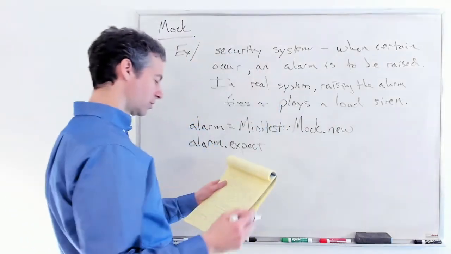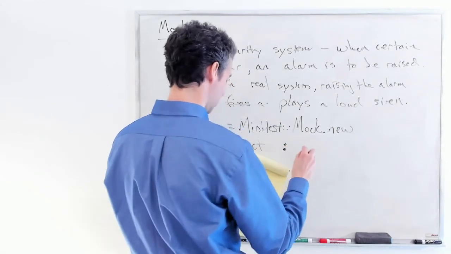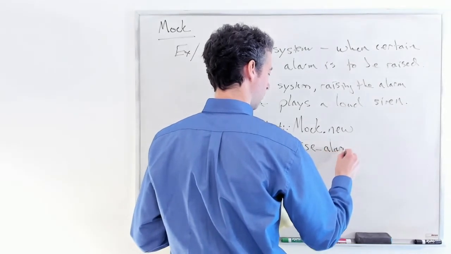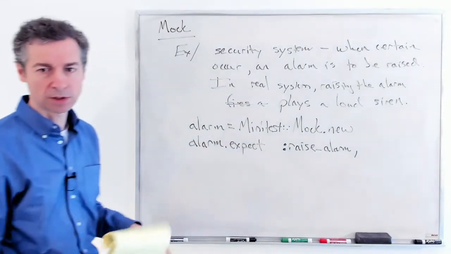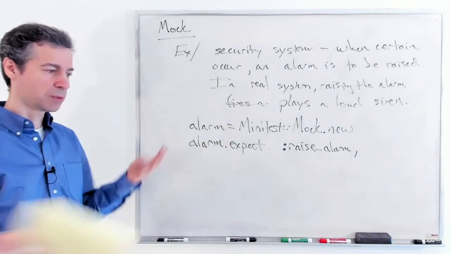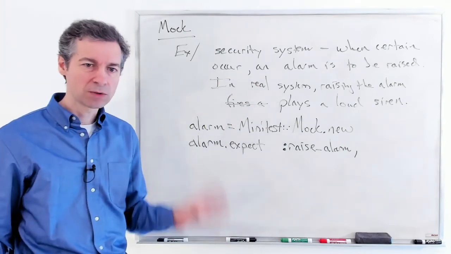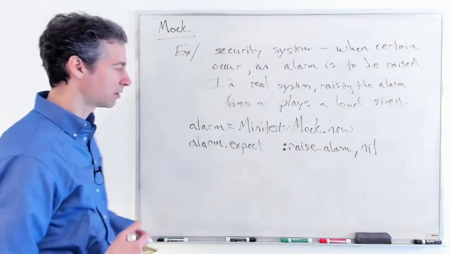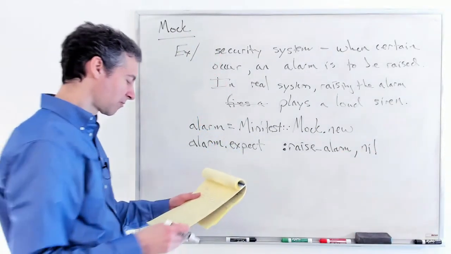We say it should expect a raise alarm method call, and all methods return something. This is simply a method to raise the alarm. It doesn't return a value, so we'll say that when raise alarm is called on this alarm, it will return nil.